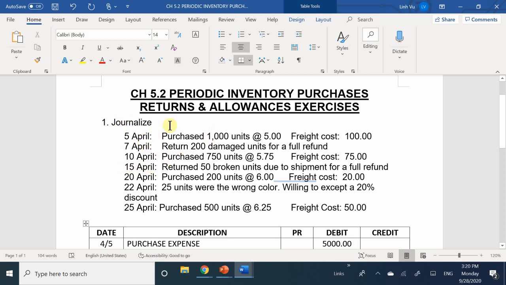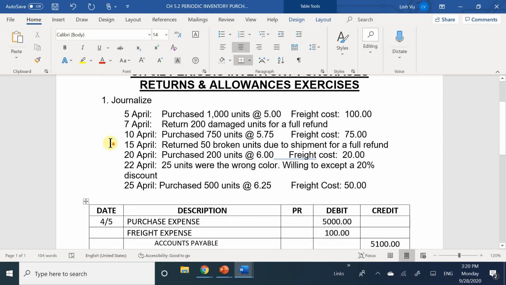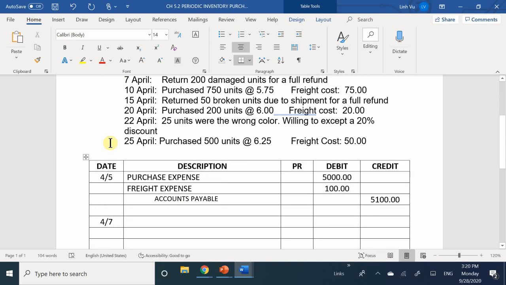So we're just going to assume that these happened right after you received your items and you made your purchase. Okay. So in this case, on April 7th, what are we going to do here? So we are going to do accounts payable, good, because we're essentially getting a refund from that account, right? 200 items, which is going to be $200.